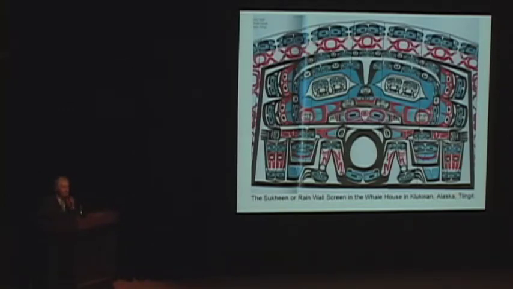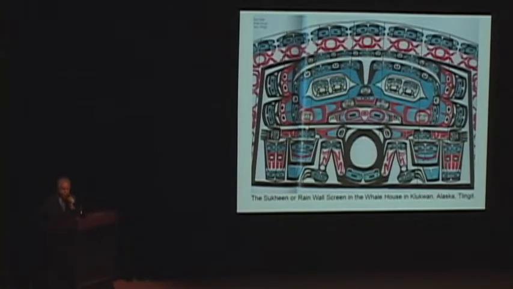And others said, no, this belongs to us, and even if it decays with time, it is our belonging, and we don't care what the white man could do with it. And this discussion went on and on for years. Even very recently, we heard suddenly that the screen was bought by a merchant in Seattle, an art dealer, and put in a warehouse somewhere.